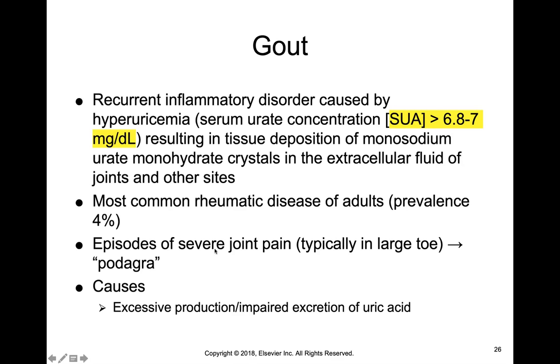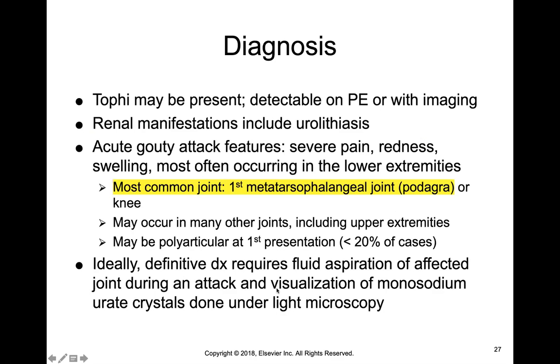And gout is typically caused by excessive production of serum uric acid, and then impaired excretion of uric acid. So in the diagnosis, tophi may be present, those crystals, as detectable on physical exam or with imaging.